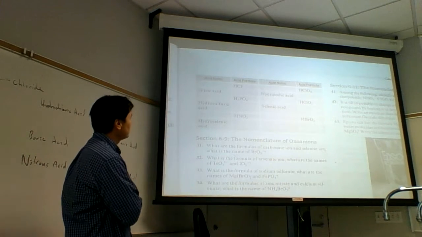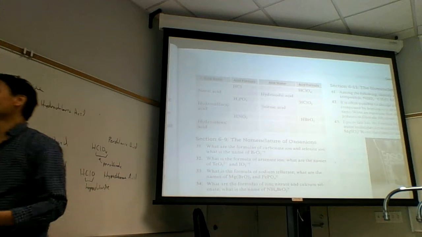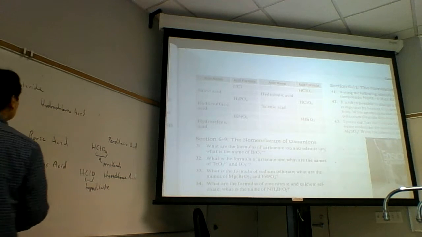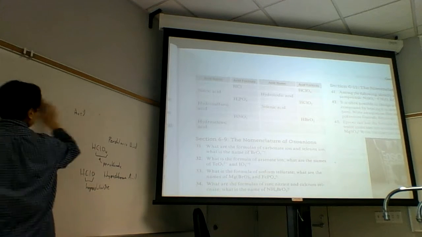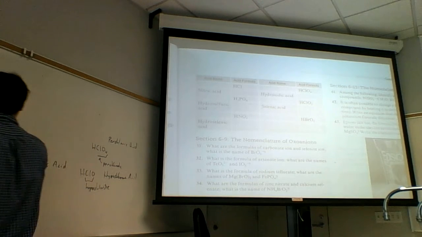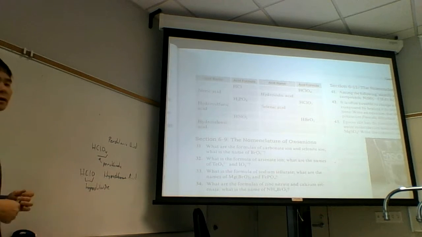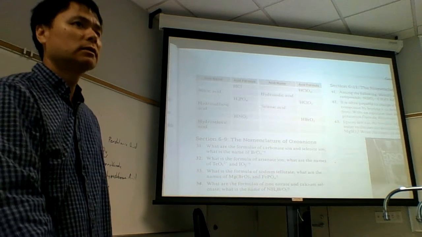Okay, the next one is nitric acid. So now we have to work backwards. If we have an ic acid, then we're dealing with an ate. And so what is nitrate? Well, nitrate is based on the periodic table. How many oxygens does it have? 3.